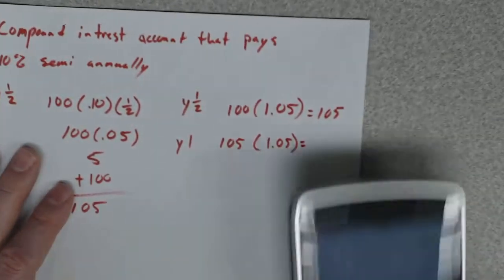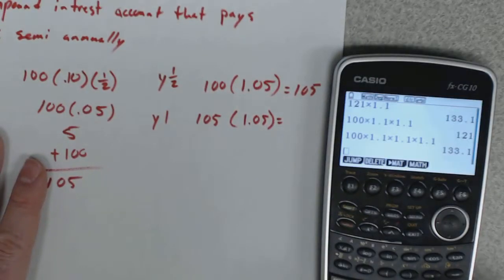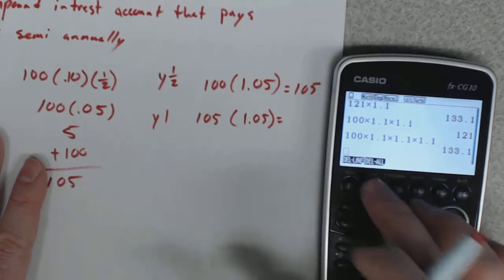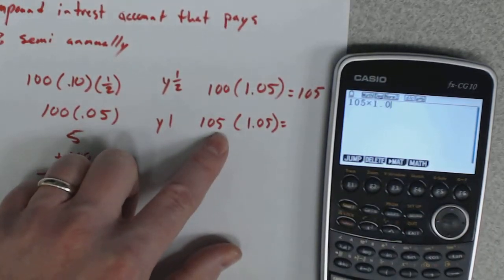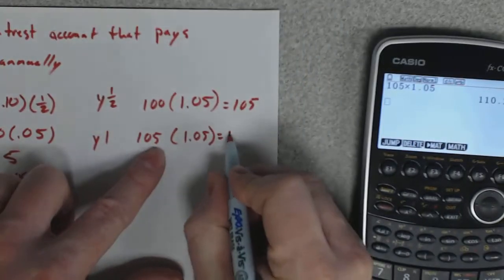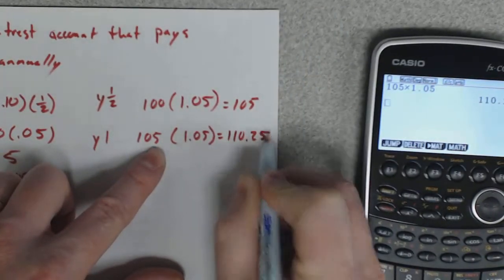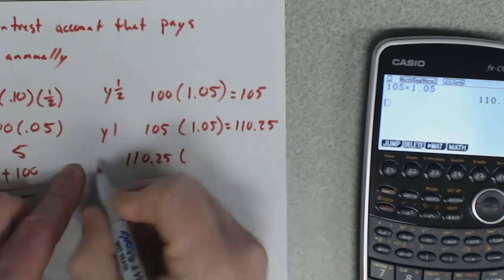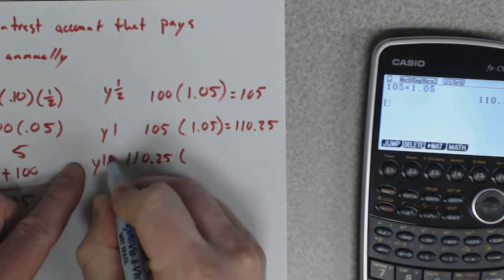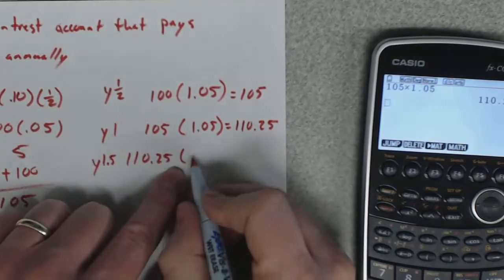The numbers are going to get a little bit not so nice. Delete all this off. So I take 105 times 1.05. I get 110.25. Well, 110.25 is what we have in our account now. And this would be after year 1.5, 1.5 years gone by.